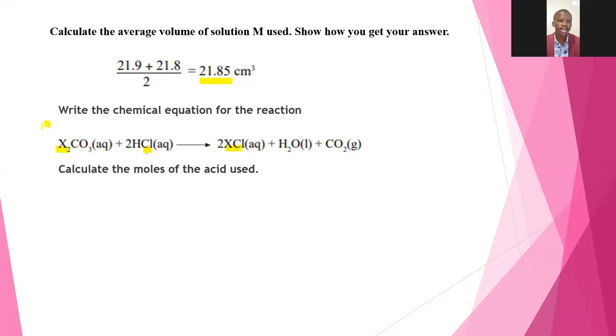So we know that carbonate is written like this, and it has a charge of 2. And X, because these 2 came here and 1 came here, then we know that the valence of X is 1. Therefore, that is why we won't have anything in front of chloride.